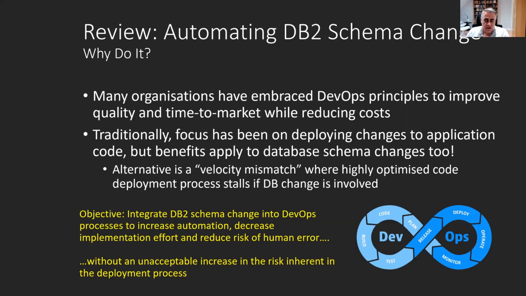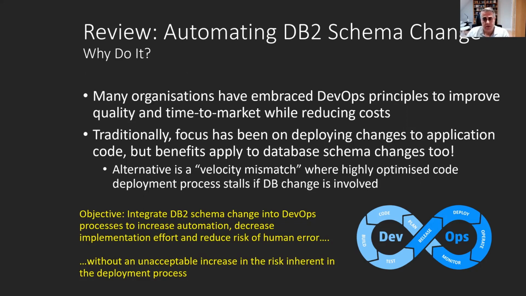So very often the objective here is to take the DB2 schema change process and integrate that into the wider DevOps processes that are being used inside an organization, in order to get all the same benefits as you get from the wider code deployment.